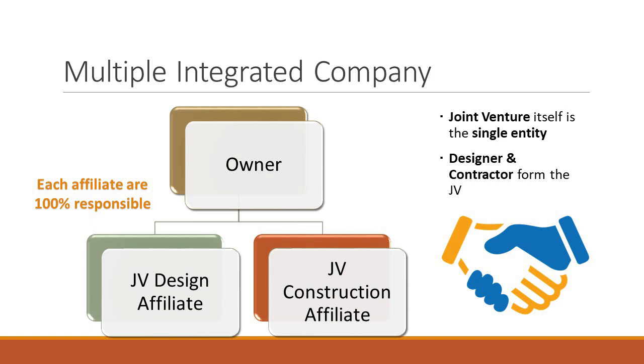The purpose is that the joint venture is a loose agreement, not necessarily a legal agreement like an LLC. The owner wants the design-build characteristics of the joint venture working together. But if one party becomes financially unstable, each of these joint venture entities, because they are both in agreement with the owner, is 100% responsible for the errors or problems of the other one.